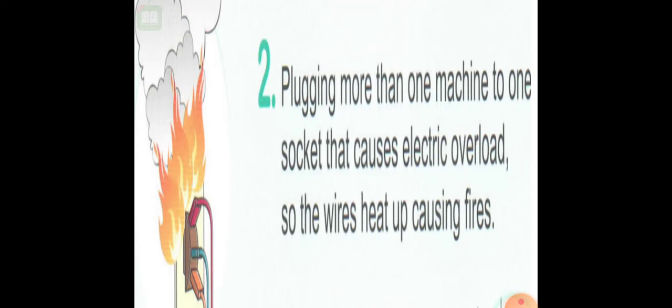Number 2, plugging more than one machine into one socket causes electric overload, so the wires heat up, causing fires. So we must not plug more than one machine into one socket. It's very dangerous and it may cause an electric fire.